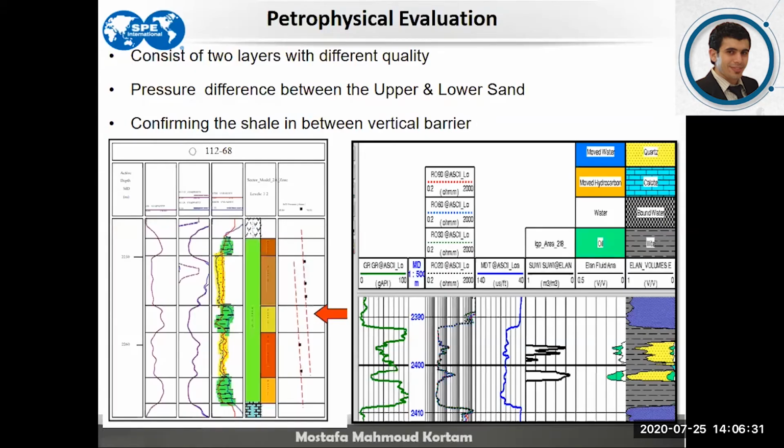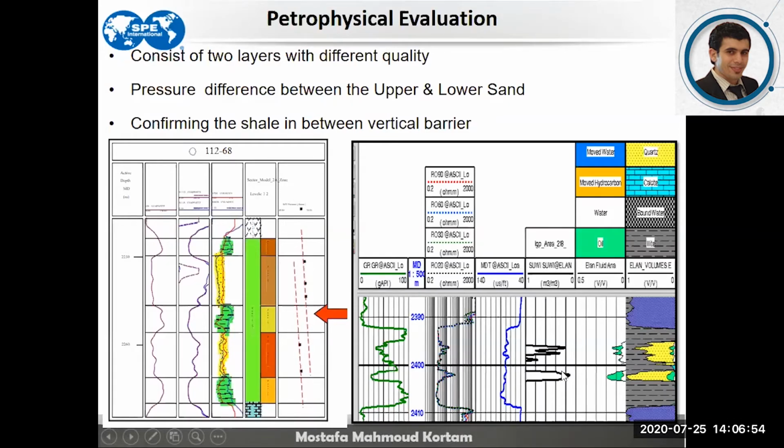Reviewing the petrophysical evaluation of the reservoir, it has basically two layers, and those two layers have different porosity and different water saturation, and even a difference in pressure.